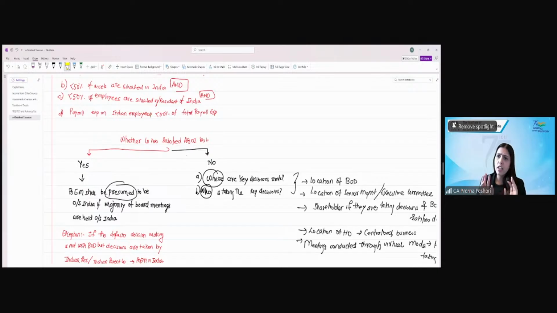So CBDT says that if you're actively engaged in business outside India, then we will give a presumption in your favor that if the majority of the board meetings are held outside India, even if 1-2 meetings are held in India, that's fine. 10 meetings you are conducting during the year, out of which 8 are held outside India, we will consider that this company is having the POEM outside India.